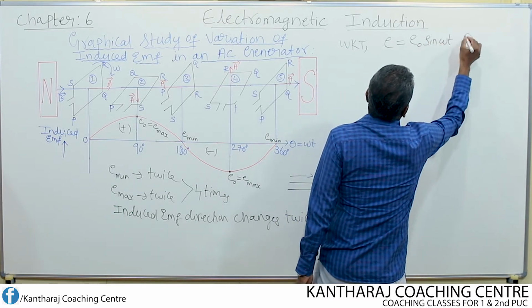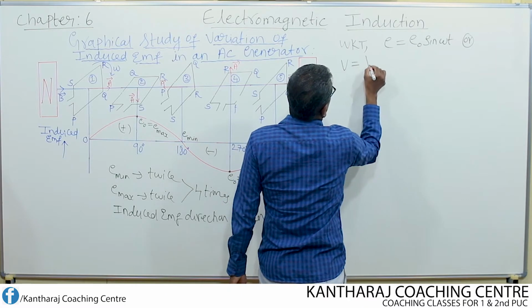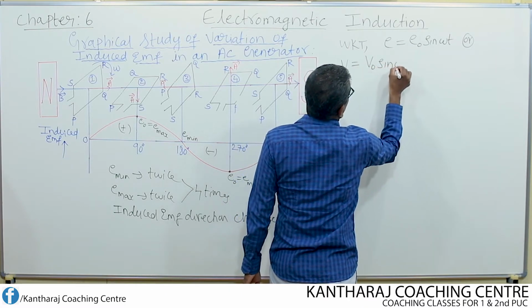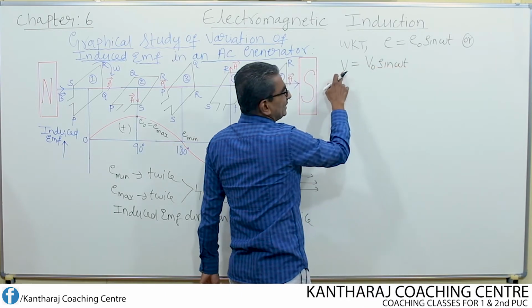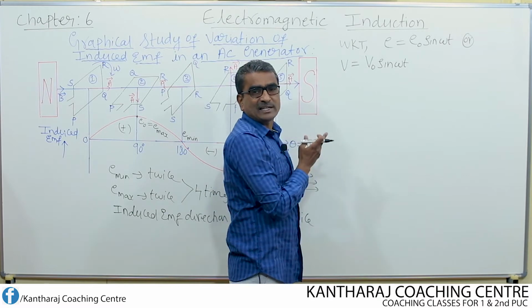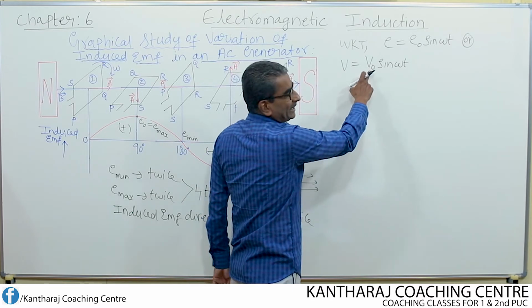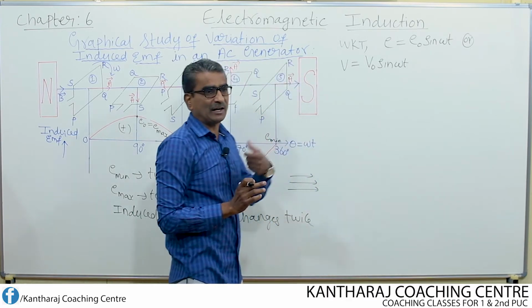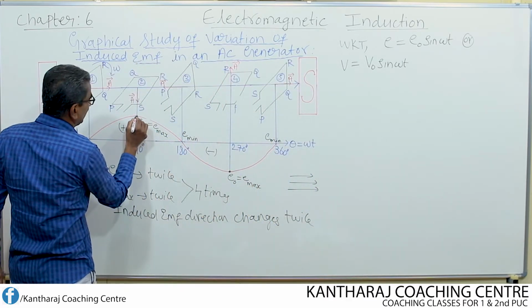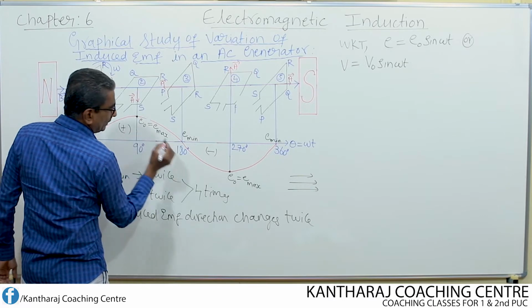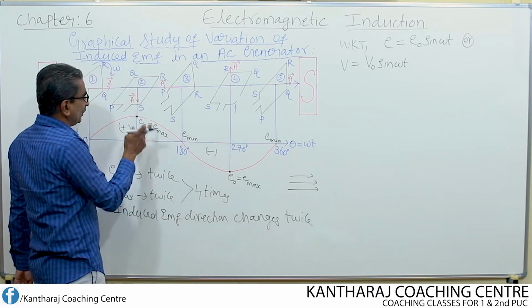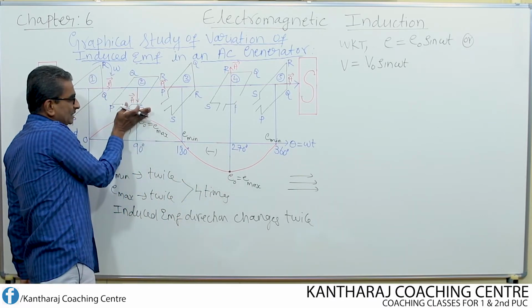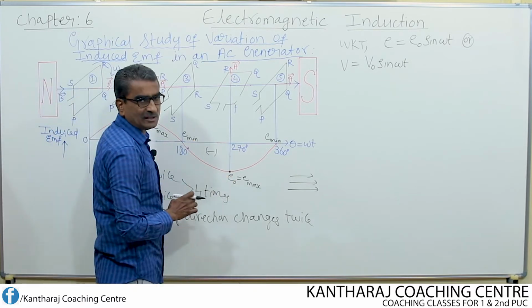It is also given by V equal to V naught sin omega t, where V is the induced or instantaneous EMF, and V naught is the maximum EMF or peak value. One peak value exists on the positive side, another on the negative side.